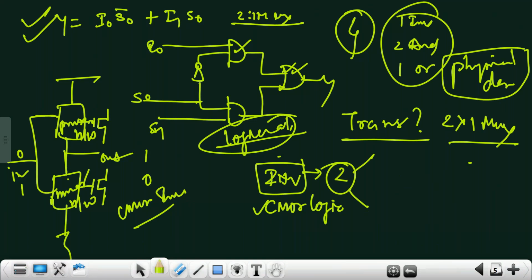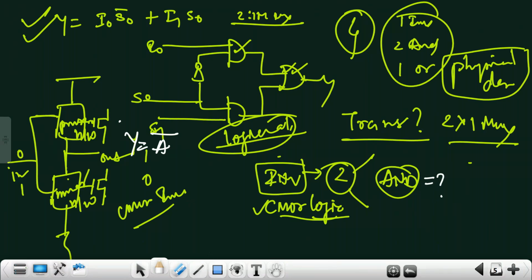Similarly, how many transistors are required for AND, using CMOS logic only, right? How many? So here we are having y bar. How many transistors are required for AND?